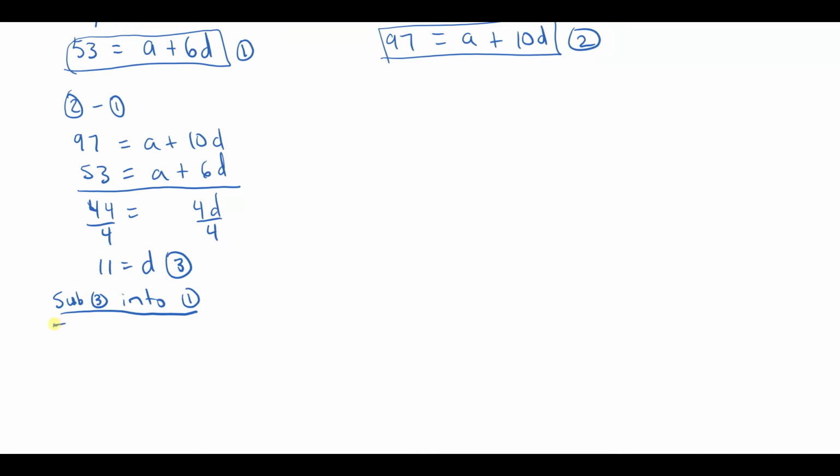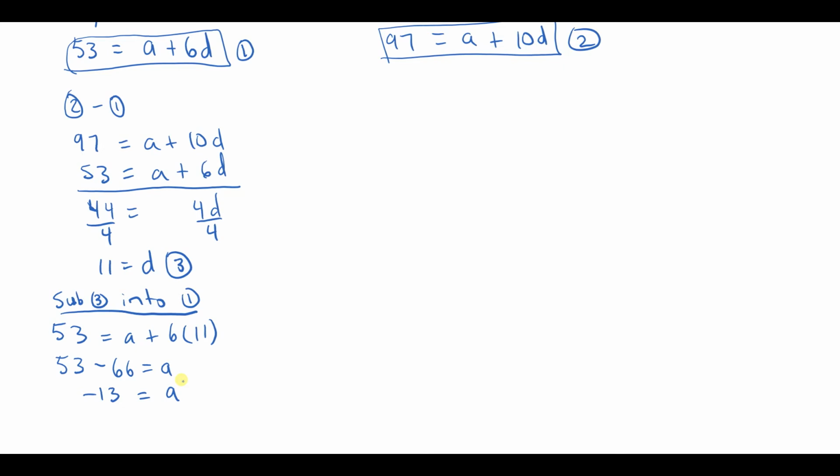Okay, so we have 53 is equal to a plus 6 times 11. 53 minus 66 is equal to a. So we have minus 13 is equal to a. Does that make sense? 13 plus 53 equals 66. Good. So now we have our a value.